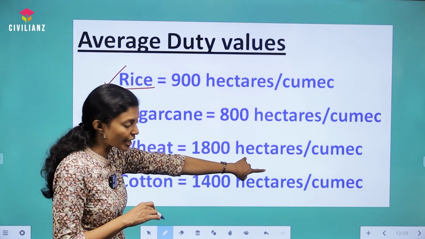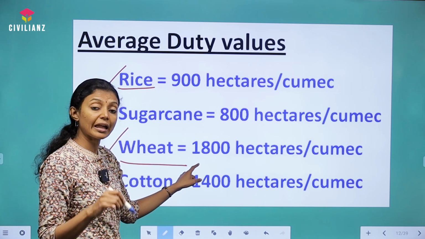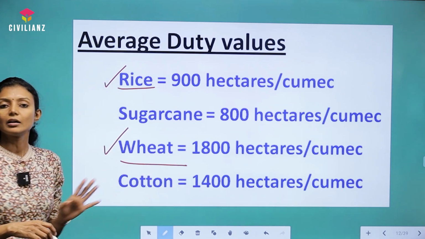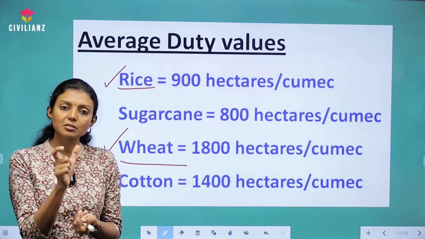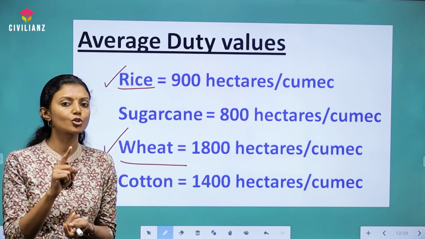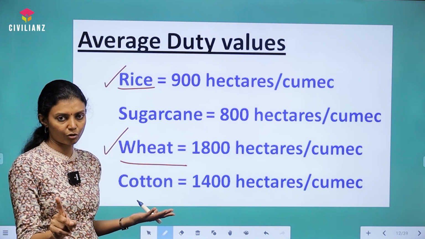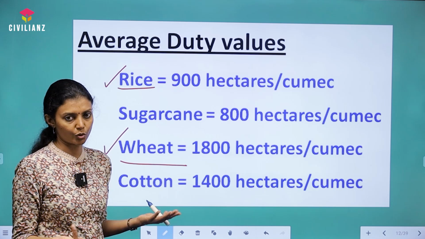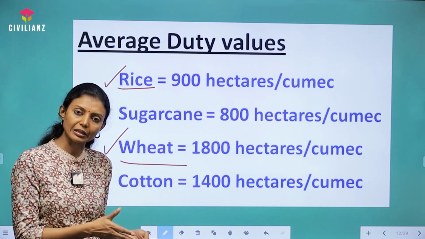But using the same 1 cubic of water, you can irrigate 1800 hectares for a Rabi crop. So, that is exactly what I was telling. What is the maximum area you can irrigate using 1 cubic of water? That is duty. If you can irrigate the maximum area using 1 cubic of water, then it has the highest duty. So, as the water requirement increases, duty decreases.